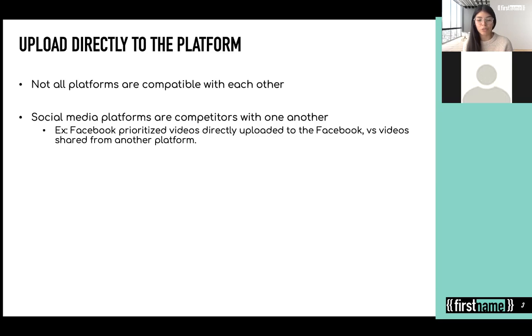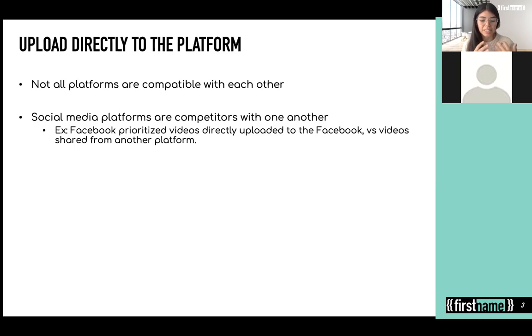They want to keep you on their site, and they don't want you to potentially redirect to another platform. And so the elusive algorithm is going to prioritize videos directly uploaded to the platforms themselves, as opposed to links shared from outside sources.